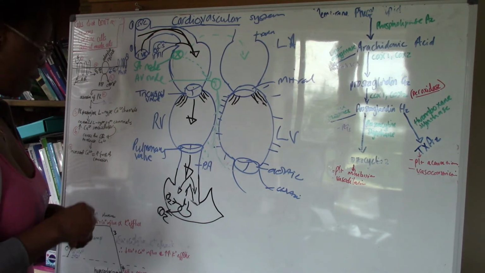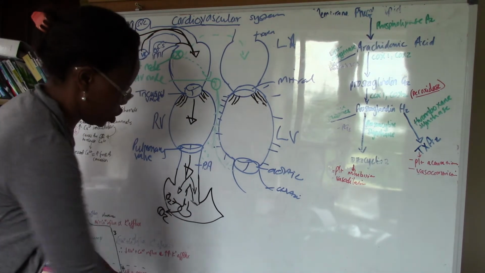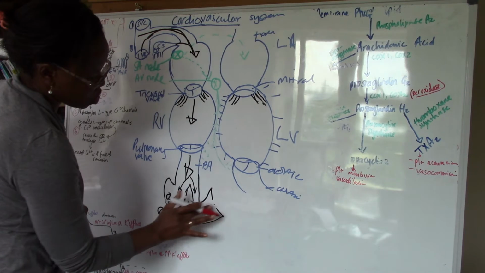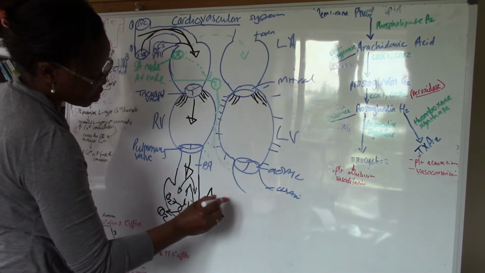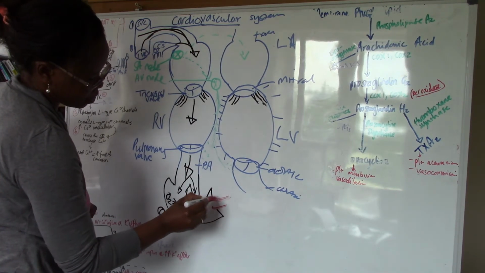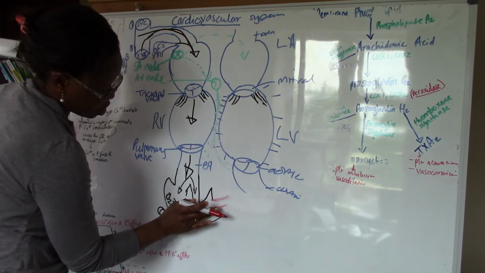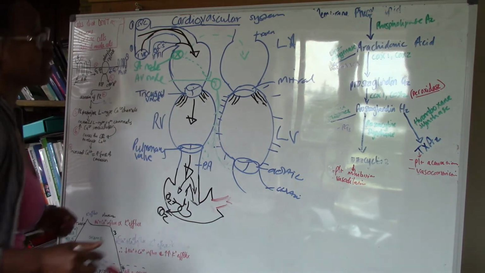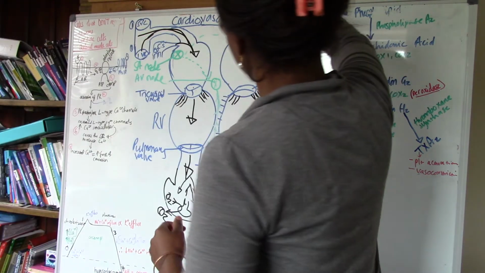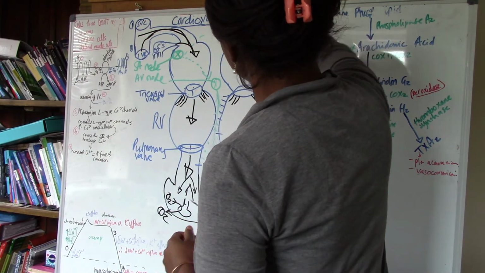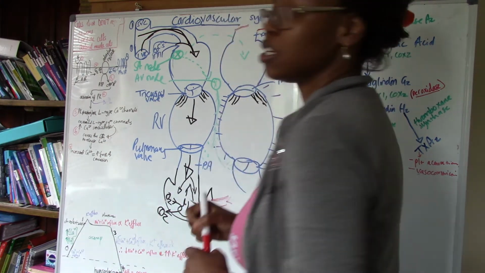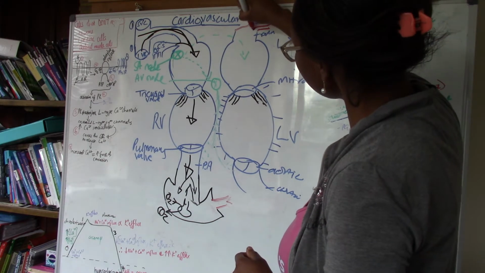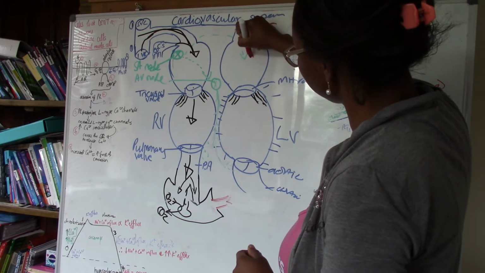And then we have oxygenated blood. I'm going to change to red to make life a bit easier. So oxygenated blood then exits the lungs via the pulmonary veins and enters the left atrium of the heart. So our oxygenated blood is now draining into the left atria.